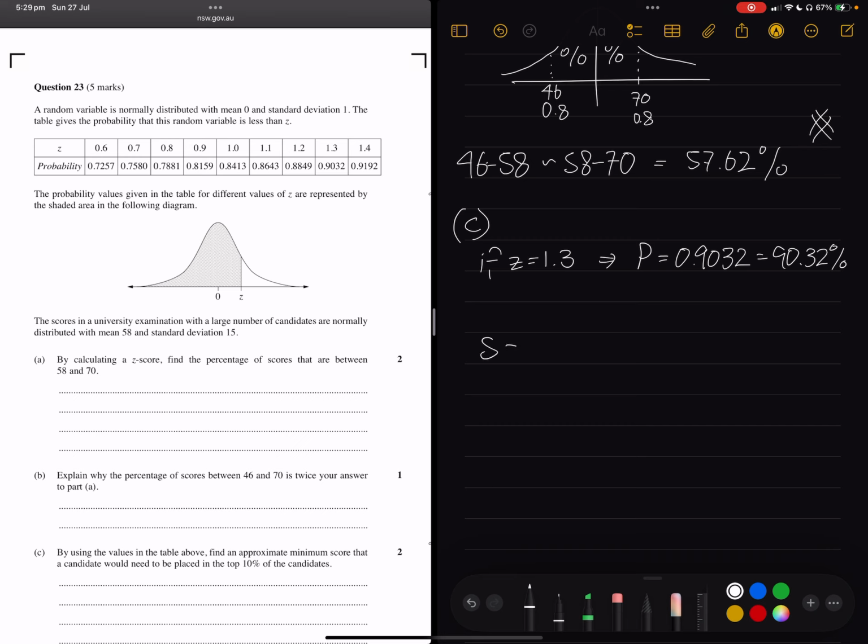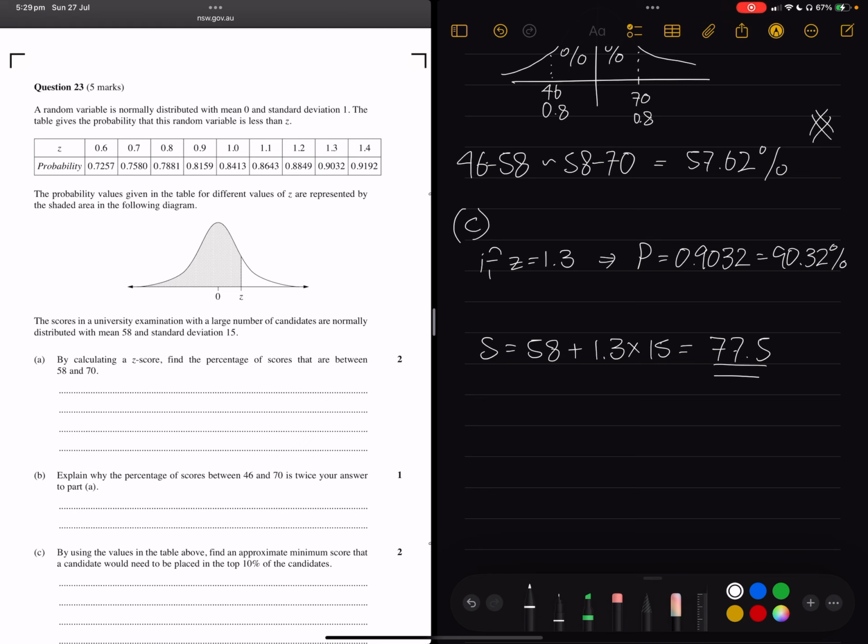So the score itself will be the mean, 58, plus 1.3 times the standard deviation, which is 15. So this will be 58 plus 1.3 times 15. That's 77.5. So the minimum score a candidate would need to be placed in the top 10% is about 77.5.